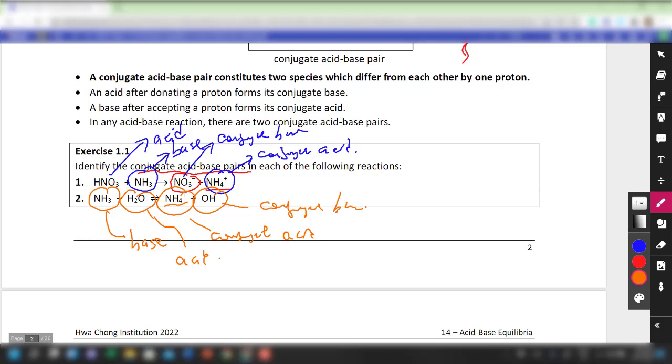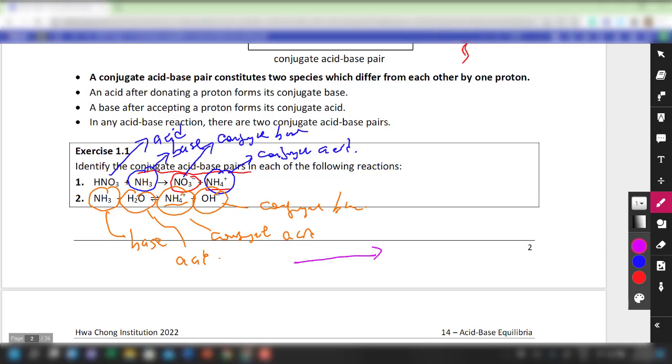Do take note that whether something is a conjugate acid of a base, or a conjugate base of an acid, it really depends on the partner which you are referring to. Remember that in any equation, our focus is the forward reaction, which is from left to right.